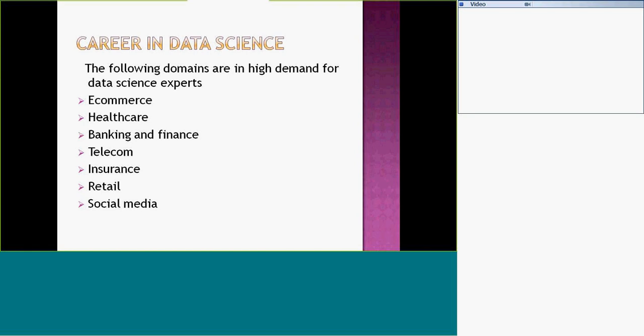In healthcare, analytics is mainly used; you can take the example of clinical research in healthcare. This is used in pharmaceutical companies as well. Then banking and finance is using analytics extensively. There are many profiles in the banking and finance industry, such as SAS profiles and predictive modeling profiles.